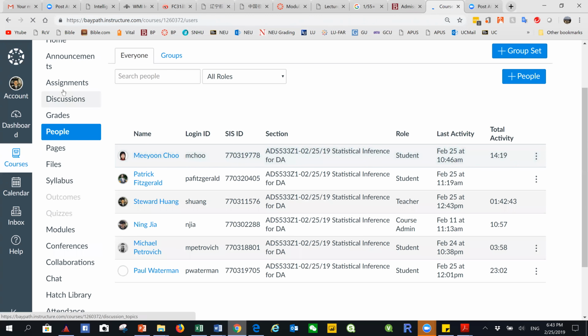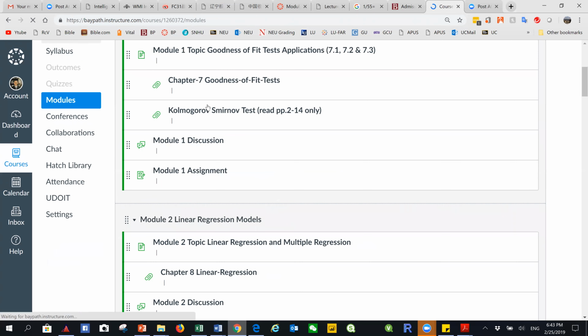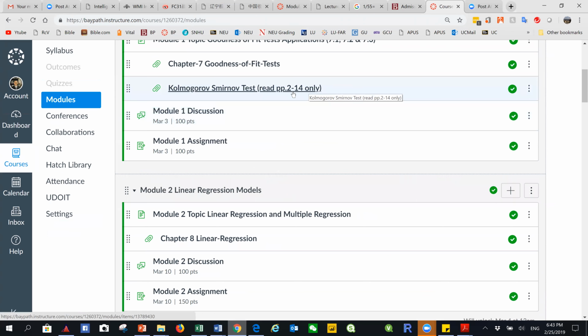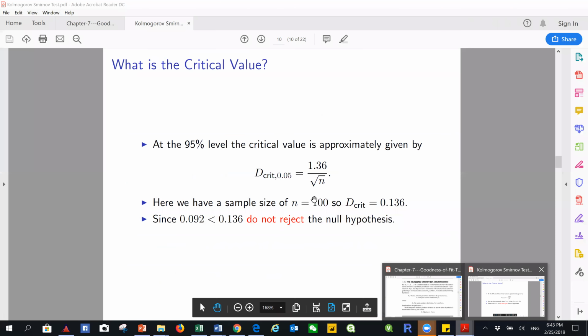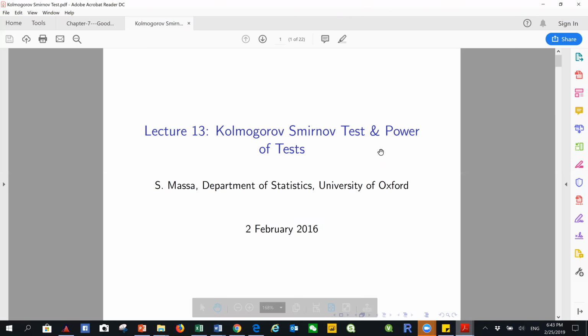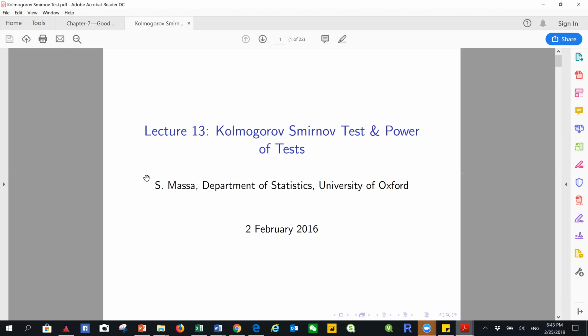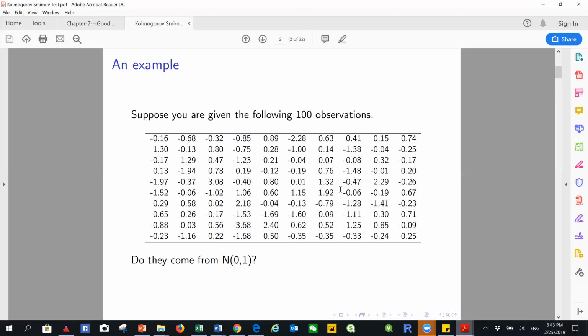Download it from here, and then we read pages 2 to 14 only. I will cover them now. Here I use, thanks to this gentleman, his material.